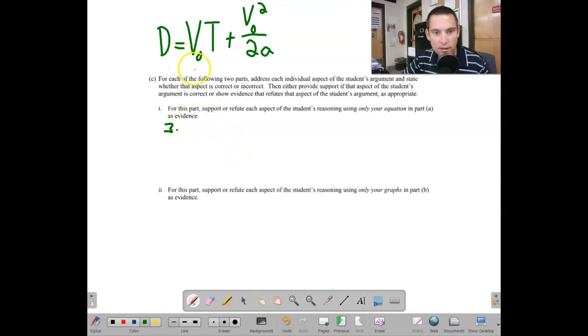Number 3. The reason why we can refute this is because if you look at capital D, the total distance, and the acceleration is in the denominator. So if we make this bigger, what's going to happen to this total distance? It's going to get smaller, right? So these two are not proportional to each other.